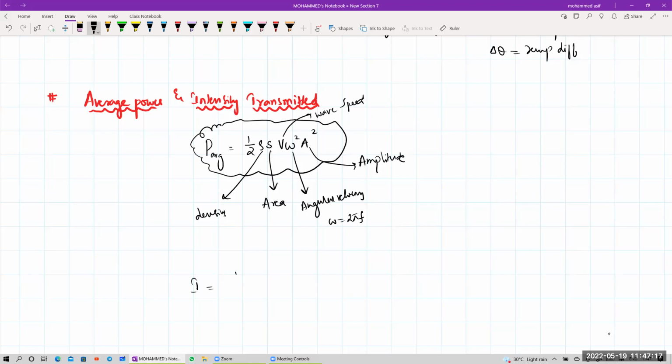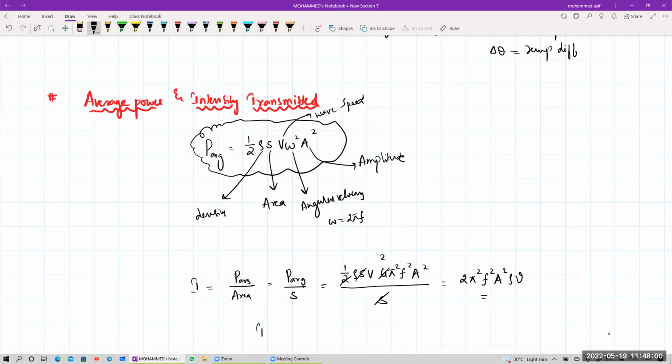What is the intensity formula? Intensity is equal to average power divided by area, that means P average divided by area, represented by S. So that will be equal to the P average formula above, half rho S into V, omega value 4 pi square F square into A square, divided by S. S cancels out, half times 4 gives 2.